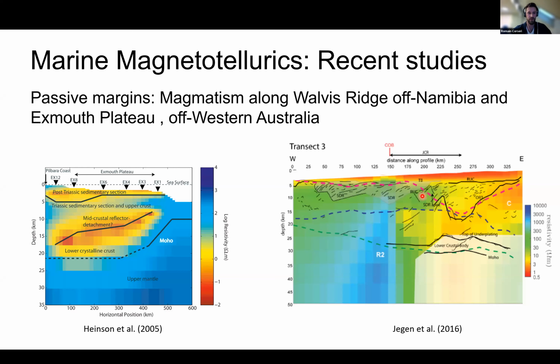So you see here some important work. Offshore Western Australia, Key has been detecting a graphite layer in a shear zone in the mid-crustal part. And on the right, Yegen et al. imaging magmatic processes in the rifted margin offshore Namibia.